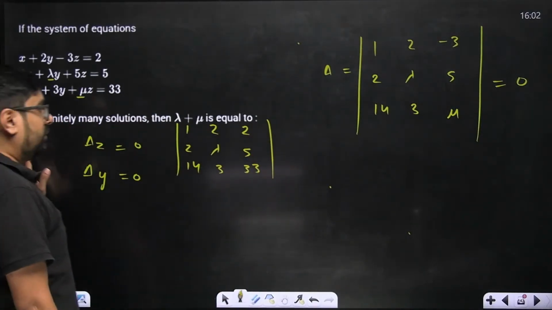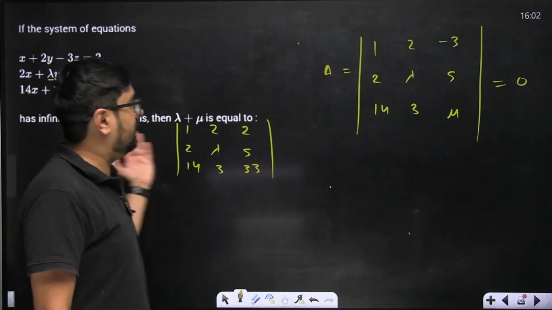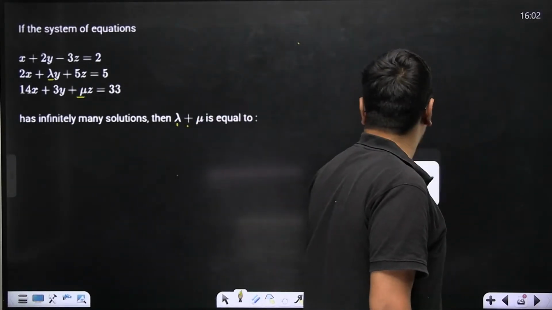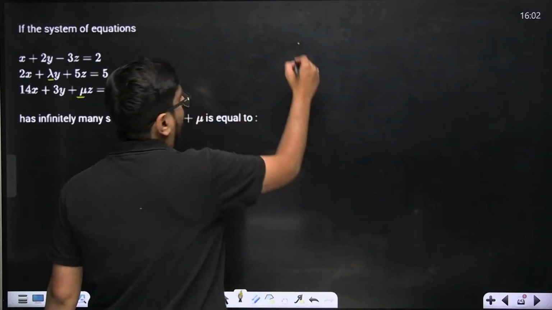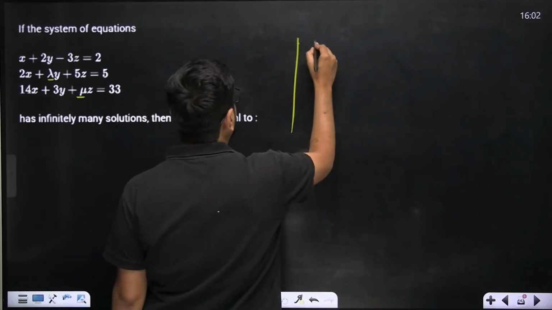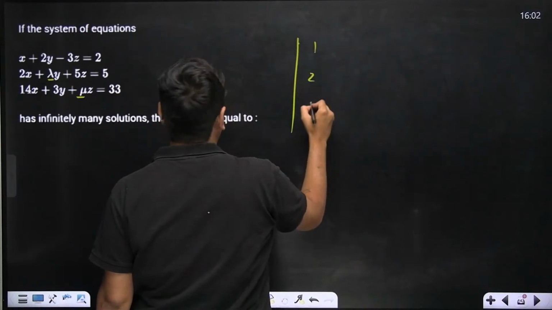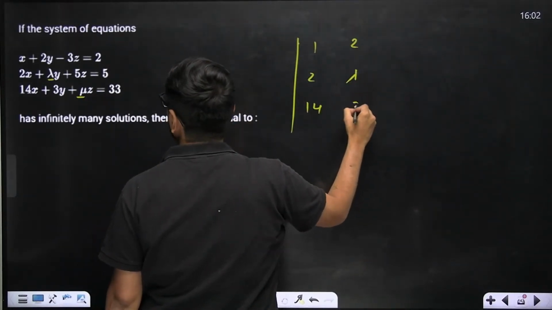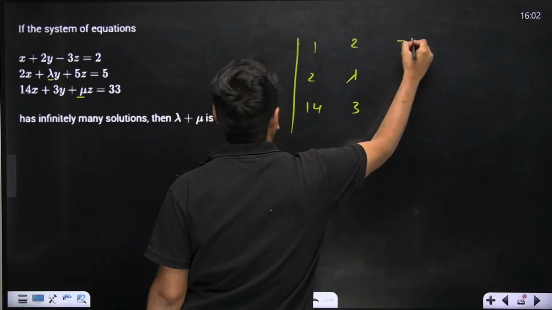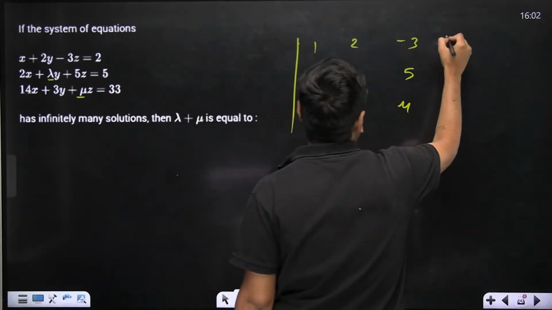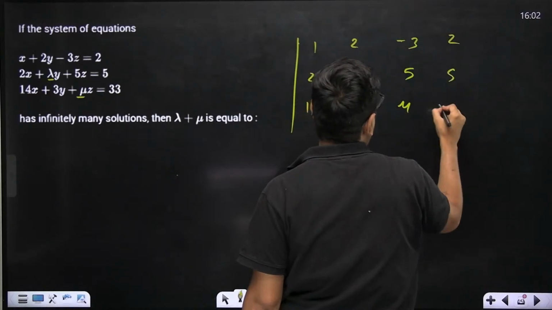Or in simpler words, if you want to solve this question faster, make a hypothetical determinant which will be like this: coefficients of x, 1, 2, 14, coefficients of y, which is 2, lambda and 3, coefficients of z, that is minus 3, 5 and mu, and one more column over here, 2, 5 and 33.